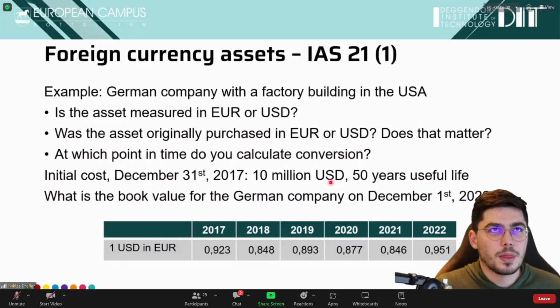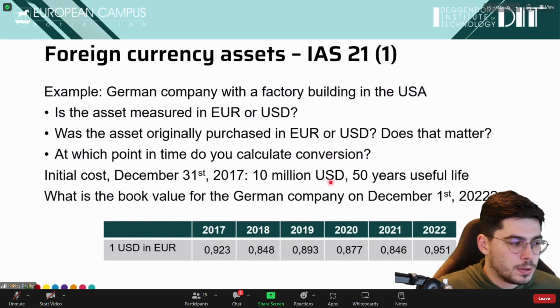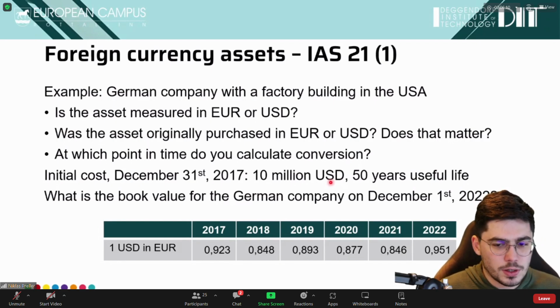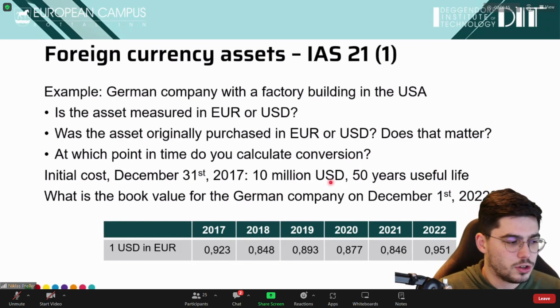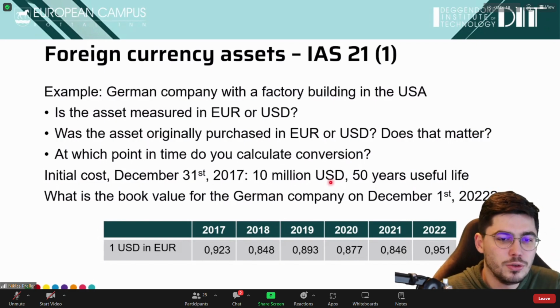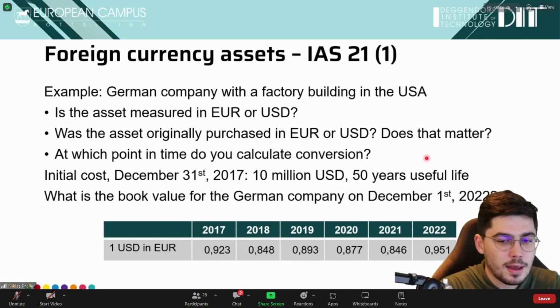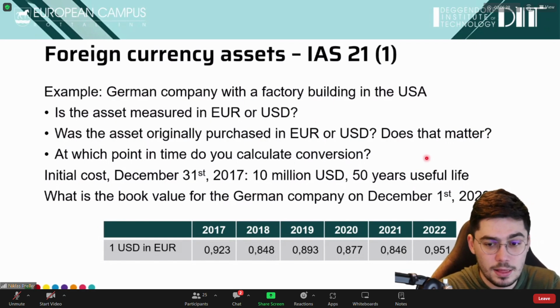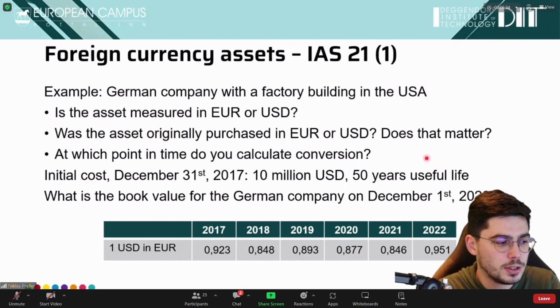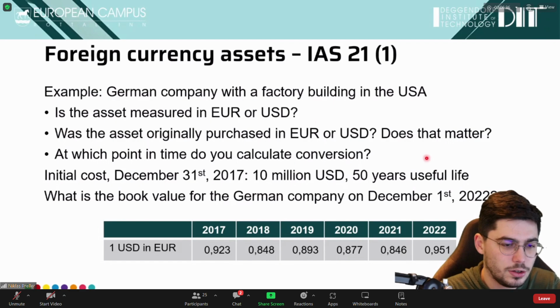In reality, there is this question: was it purchased in euro or US dollar? It is a question of the choice of payment provider. Do you switch your euros into US dollars first and then pay in US dollars, or do you pay the seller in the USA in euros, and then he or she exchanges that to US dollars?